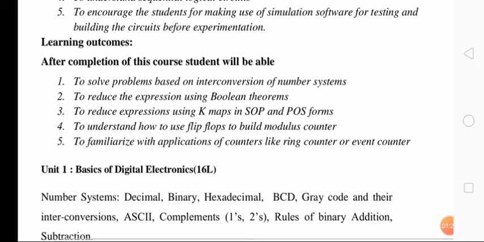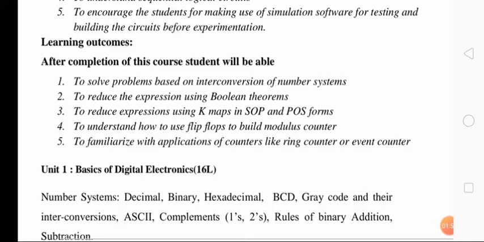After completing this course, you are able to do the following things. In learning outcomes, the first one is to solve problems based on interconversion of number systems. So after completion of this course, you can convert one form of number system into another one. You are able to reduce expressions using Boolean theorems.